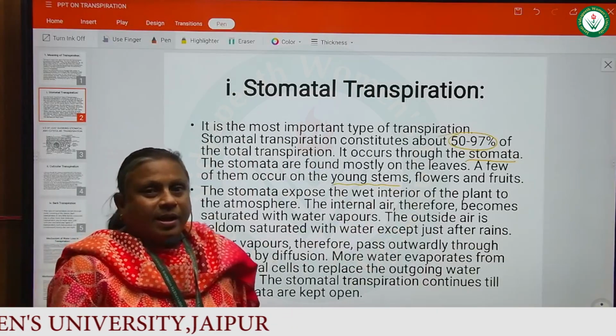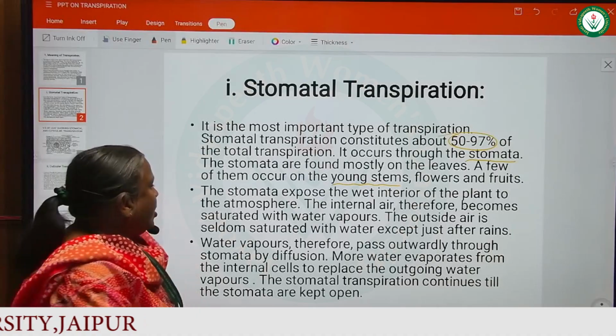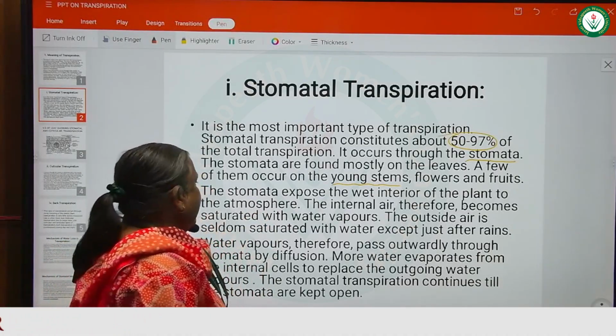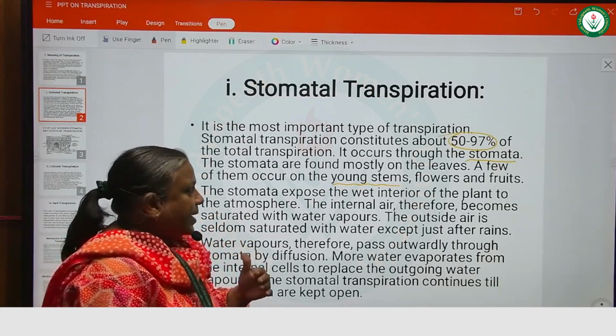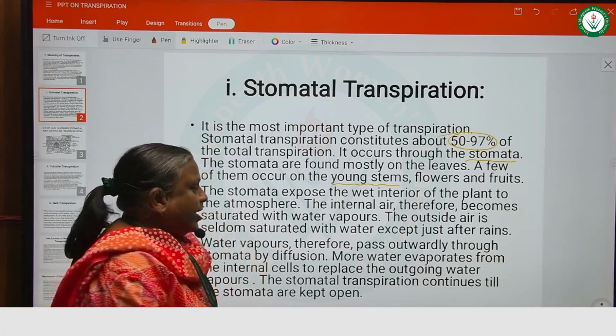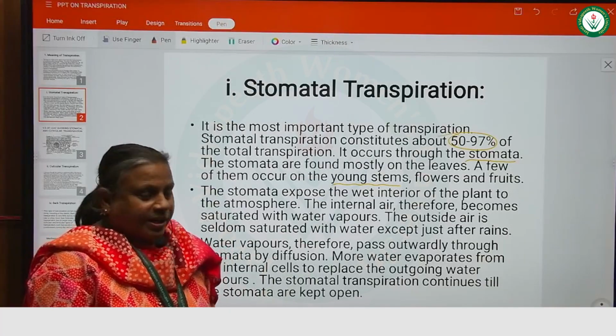The stomata expose the wet interior of the plant to the atmosphere. Therefore, the internal air becomes saturated with water vapor. The outside air is seldom saturated with water except just after the rains.